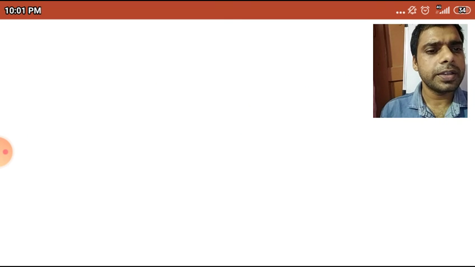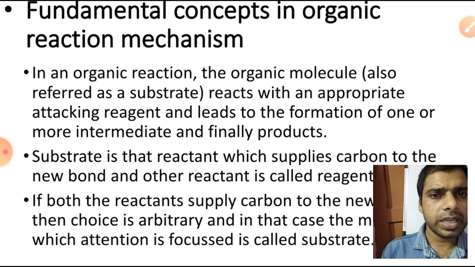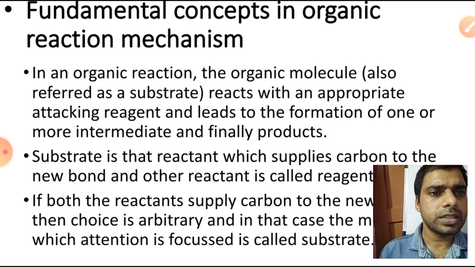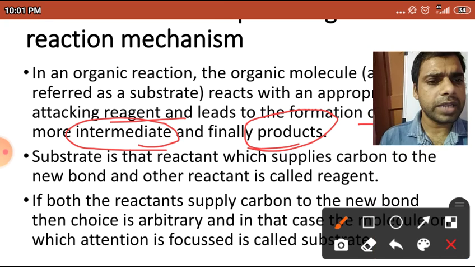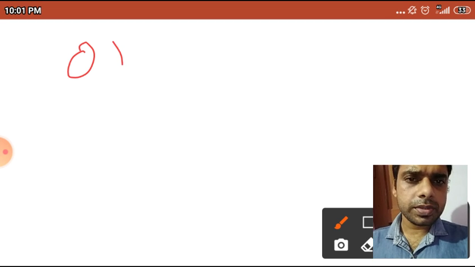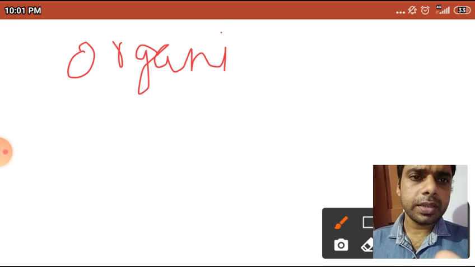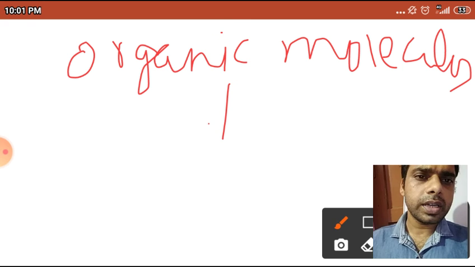Okay, dear student? So you can see here this slide, fundamental concepts in organic reaction mechanism. In an organic reaction, the organic molecule is referred to as the substrate. An attacking reagent would be there and leads to the formation of product. Intermediate is also possible. Here I will make one diagram. You can see organic molecules, and here the reagent, attacking reagent, you can write.